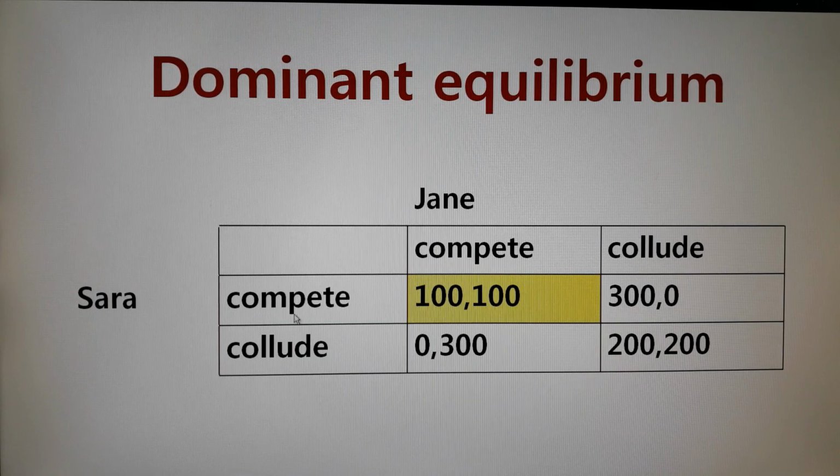If they compete and set the price at the lowest level, which is $6, then Sarah gets 100, Jane gets $100. So you may say it's a no-brainer that Sarah and Jane will collude and charge $8.